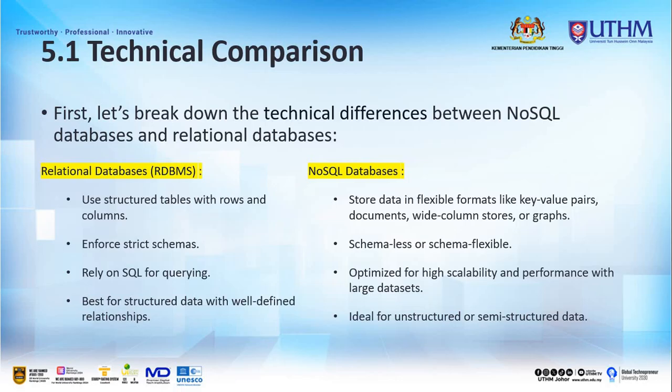We have an entity relationship diagram, which consists of foreign key and primary key, in order to connect each table to one another to create the relationship. It relies on SQL for querying and is best for structured data with well-defined relationships. So basically it's totally based on the schema that we have prepared.